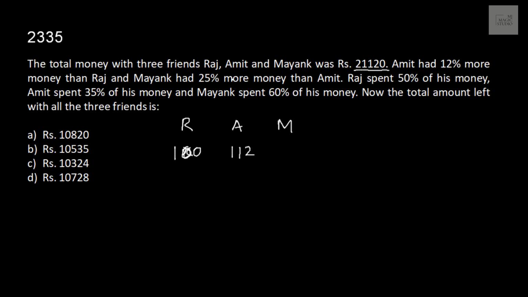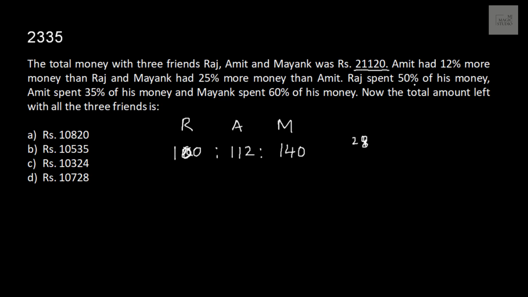And Mayank had 25% more money than Amit. 25% means divide by 4, so 112 by 4 is 28, and 112 plus 28 is 140. So Mayank has 140. So this is the ratio of their money: 100, 112, 140.